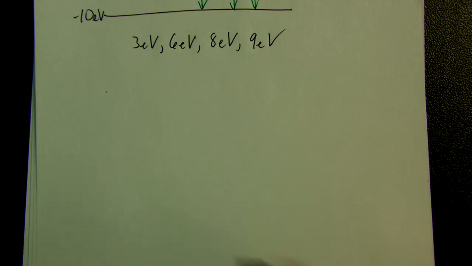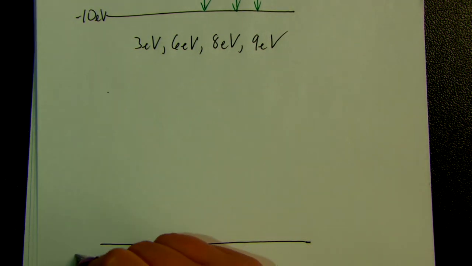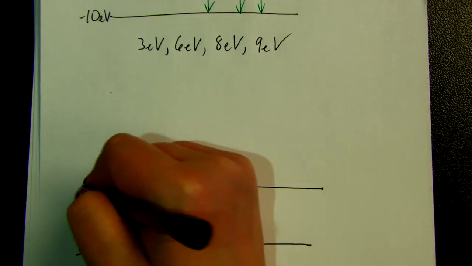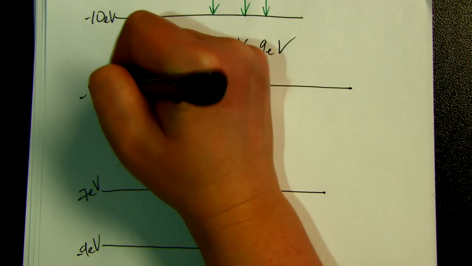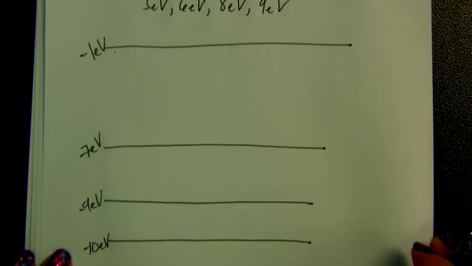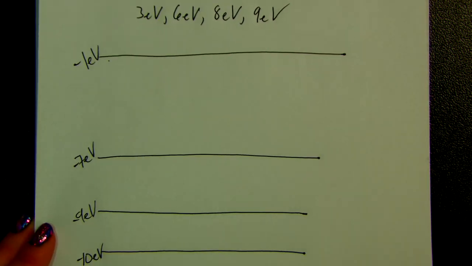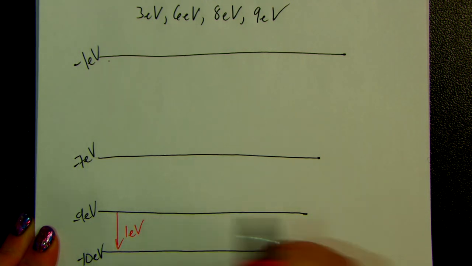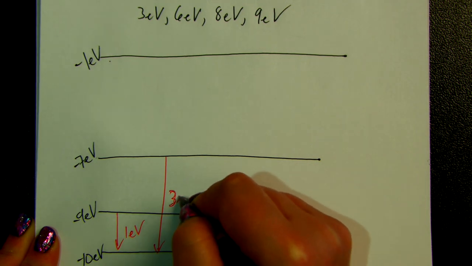So let's look at another arrangement. Once again, starting at -10, go -10, -9, -7, and -1. Okay, so let's see what emissions that would get us. So from here to here, you'd have a 1 eV, which we can't observe, a 3 eV, which we did.